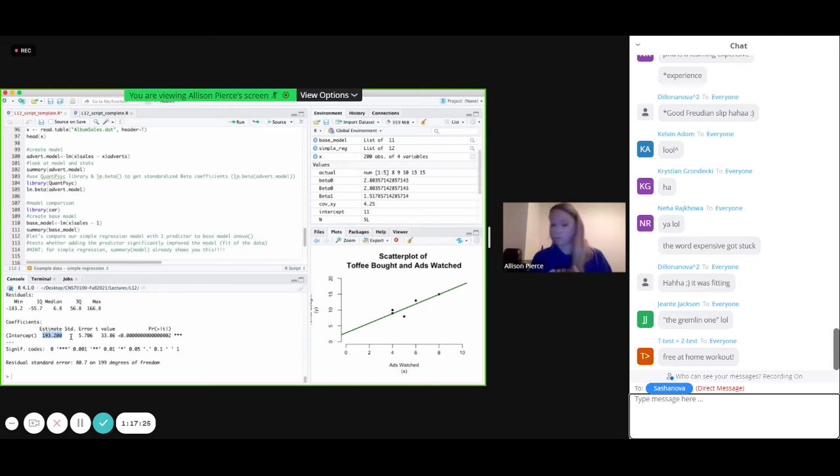Why is there no slope here? For our base model. Where does the slope come from?